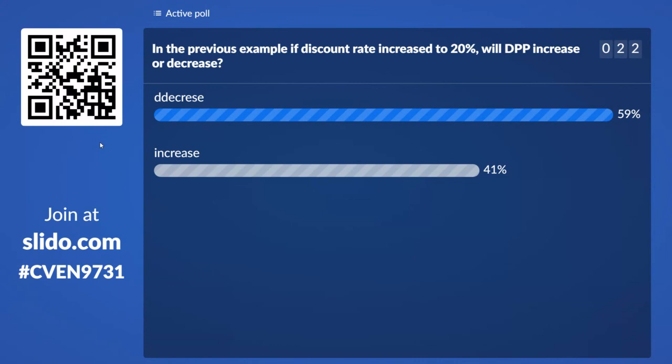Okay, almost 60% saying decrease. Is there anyone who wants to say why you think that by increasing the discount rate, the DPP or discounted payback period is going to decrease? Any reason behind that?